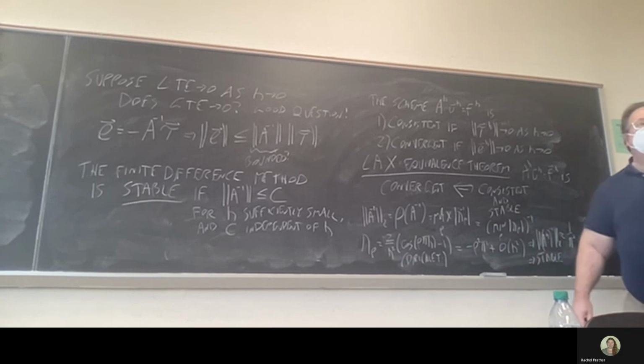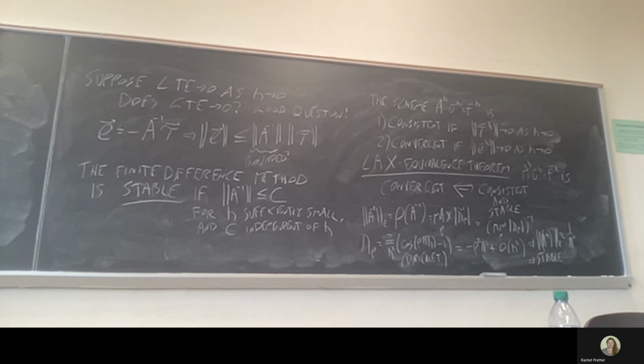Now, this analysis is not always so straightforward. For a more complicated PDE, you might have a much harder time proving stability. And I've experienced personally how difficult it can be for my own methods.